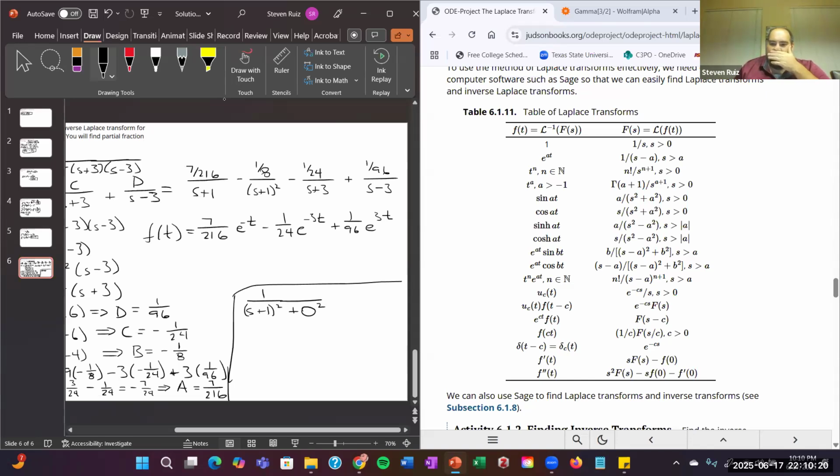So if I write it that way, then let's look at the e to the at sine bt line. So I have a constant b over s minus a squared plus b squared. I don't think that's quite going to work because basically if my b is 0, then I have to have a non-zero b term.